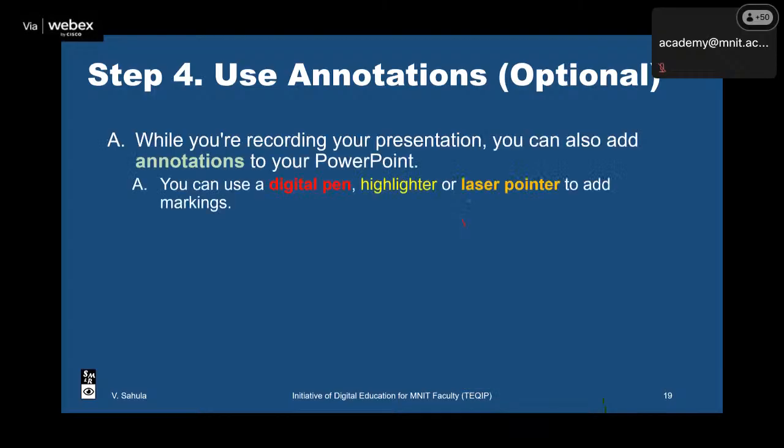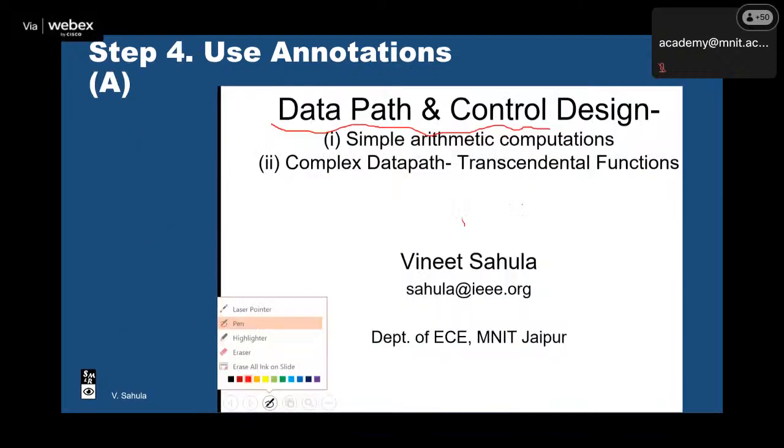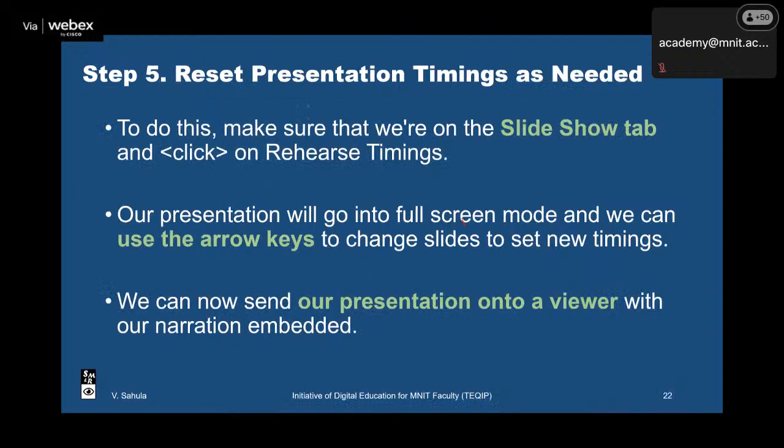Okay. So you can use annotations, digital pen, highlighter, laser pointer, everything in your slides when you are going through. So this is my slide, and I can use pen. And I can use laser pointer also, and so on and so forth, right?